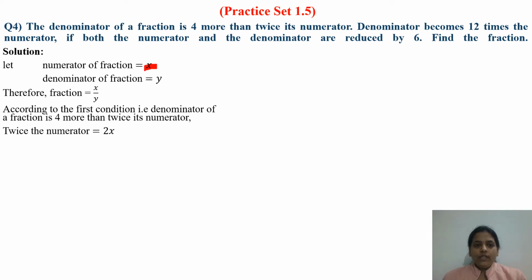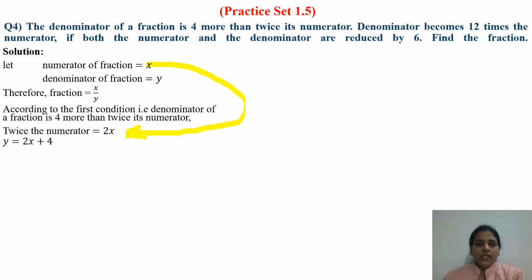Your numerator is x, and twice the numerator means multiplying the numerator by 2. Next, y is equal to what? 2x plus 4. Why? Listen.